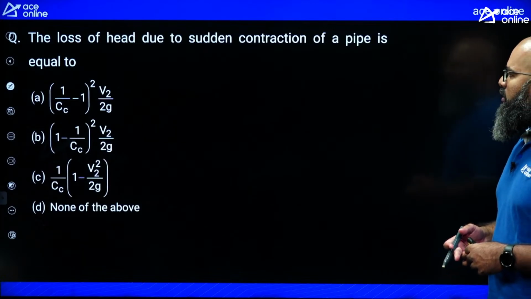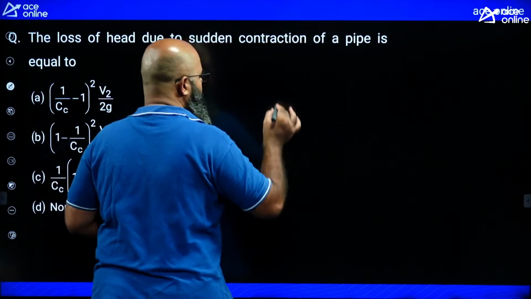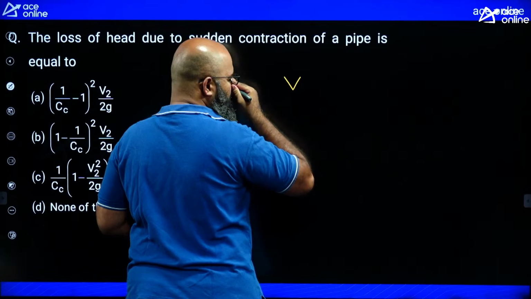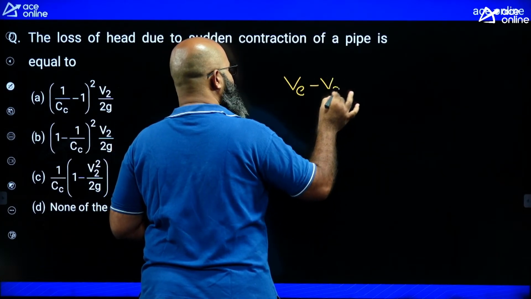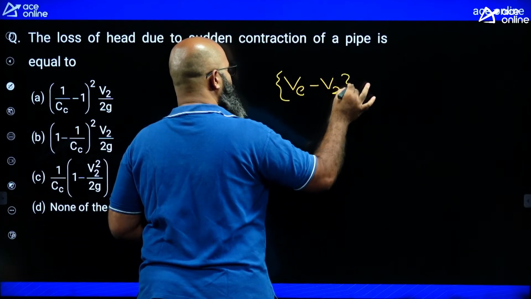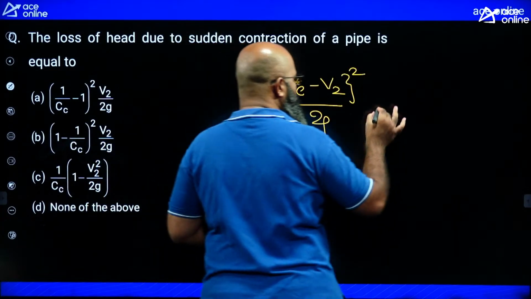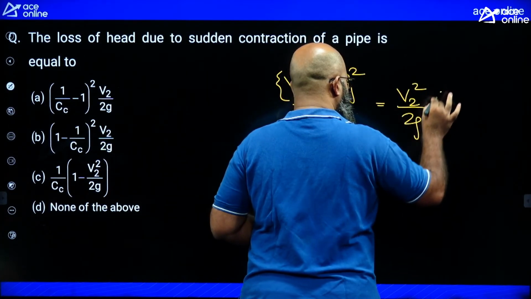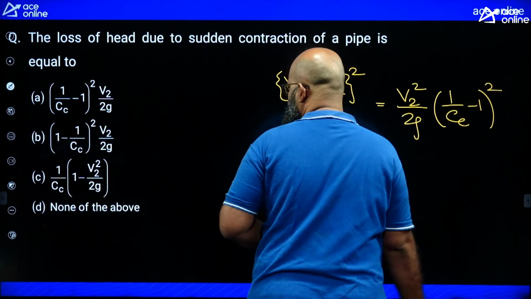The head loss due to sudden contraction is equal to how much? Head loss due to sudden contraction is equal to velocity before eddy, which is velocity at vena contracta, minus velocity 2, whole square by 2g. This is the actual formula, but this formula reduces to V2 square by 2g multiplied by (1 by Cc minus 1) whole square.